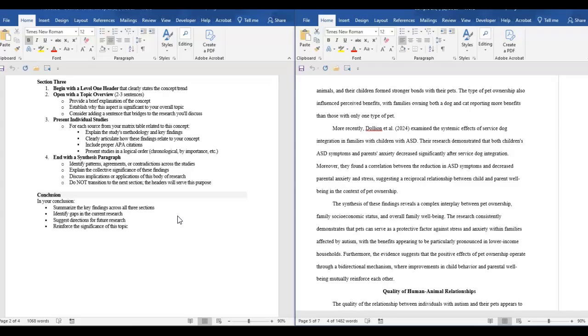That's all I'm looking for. And then when you go to write your rough draft next week, you'll pull your outline out again, and you will write it from that outline. So the more detailed, the better for you.